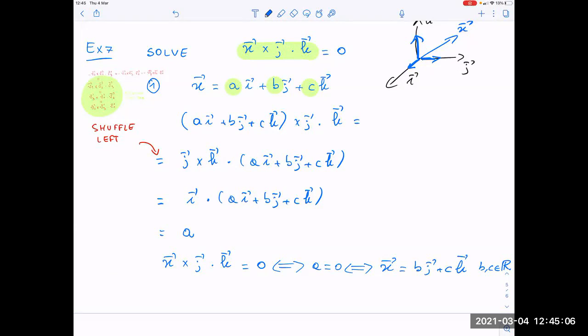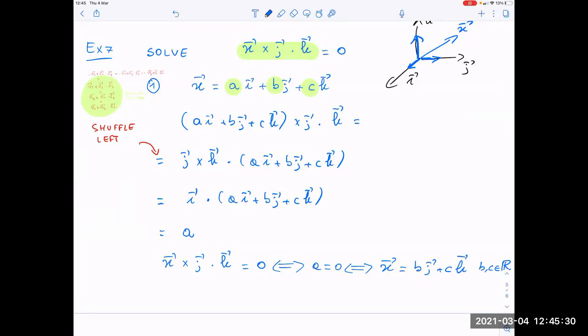Yes, it is any vector in the x equals 0 plane, if you see what I mean. Okay, I was looking in the chat. Can we say x is the 0 vector also?